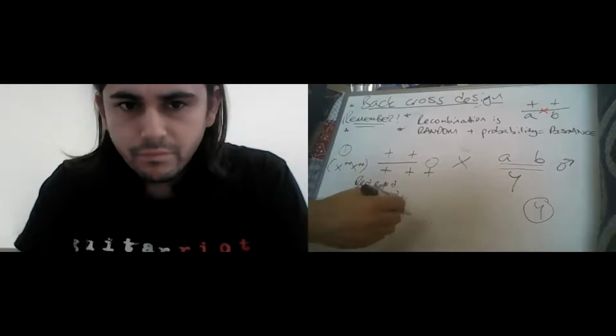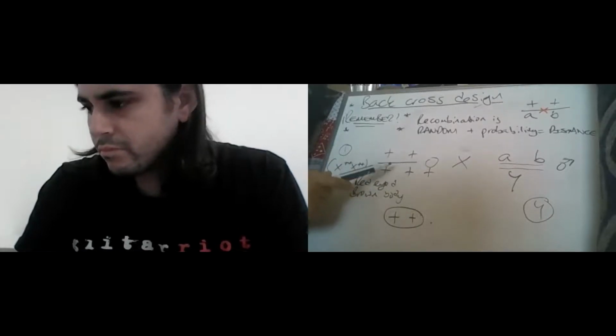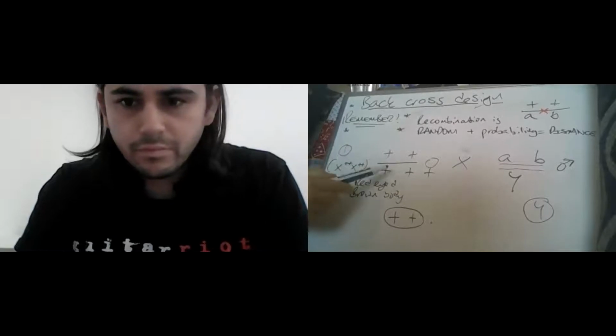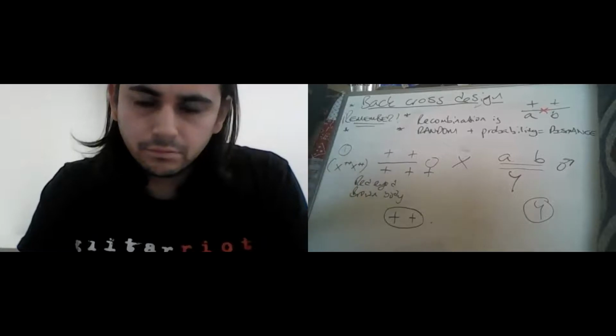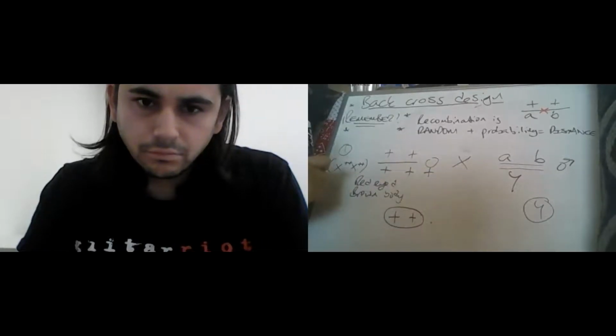So this homozygous dominant female can only produce, because it's homozygous dominant for both of them, right? Gametes with two wild type alleles on the X chromosome. So yes, good answer. What other gamete can you get from the males?